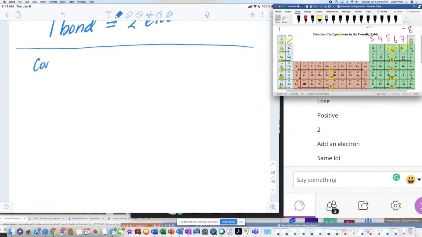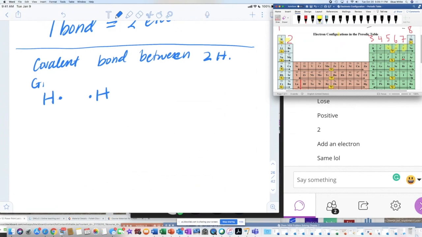So we're drawing the covalent bond between 2 hydrogens. So each hydrogen has, because they're both in group 1, so this hydrogen is in group 1. Look right here. The hydrogen is in group 1, right?